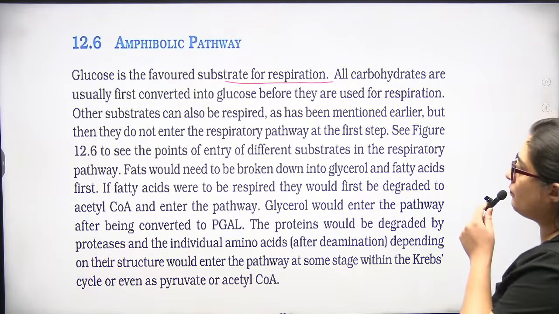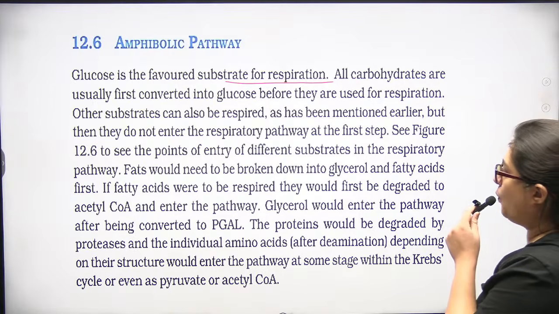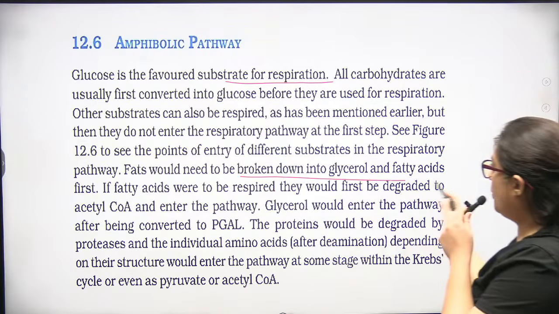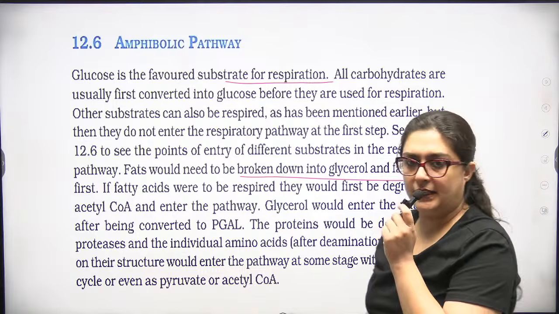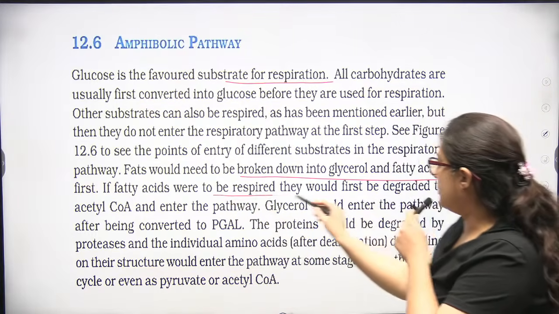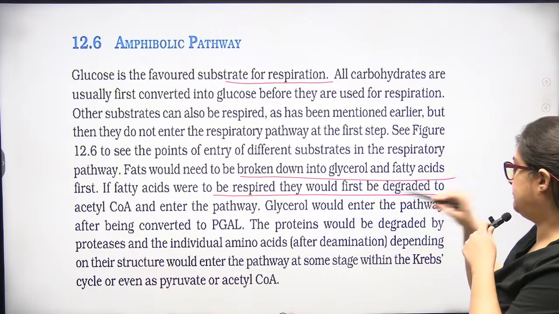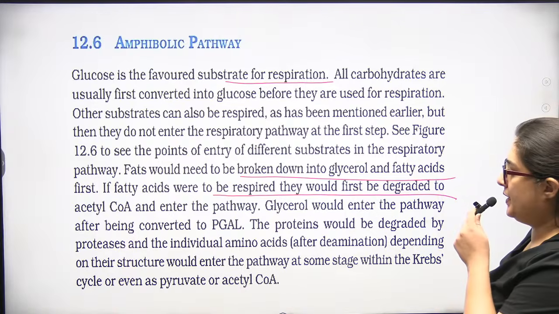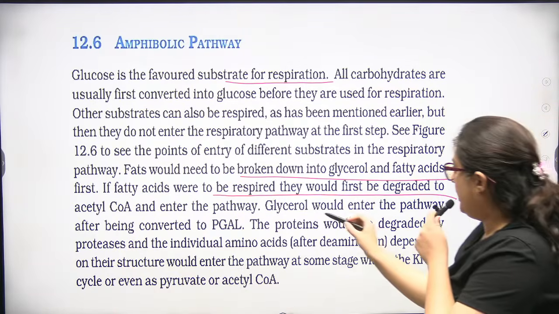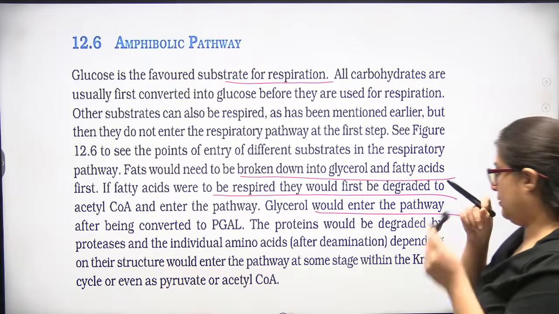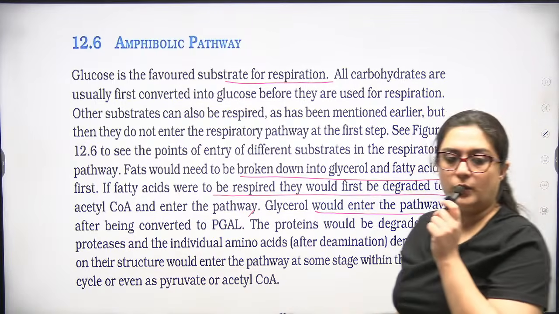Then other substrates can also be used. Fat would need to be broken down into glycerol and fatty acids first. If fatty acids are to be respired, they are first degraded to acetyl coenzyme A and enter the pathway. Glycerol would enter the pathway after being converted to PGAL.